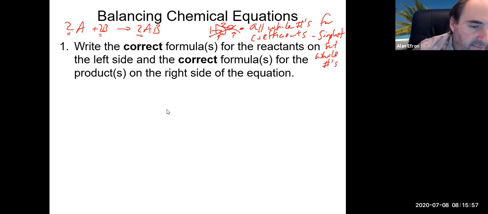What I mean by that, for example, is we could use my bad example here. If we look at all these coefficients, it is balanced, right? Everybody's got 2 A's on both sides, 2 B's on both sides. But when we look at all 3 of these coefficients, 2, 2, and 2, we actually could reduce those coefficients down to 1, 1, and 1, and we would want to do that.